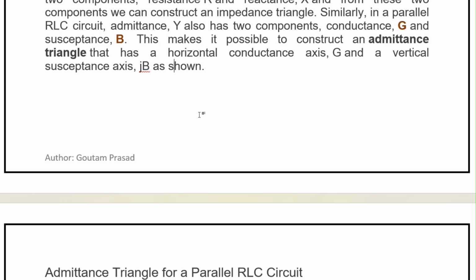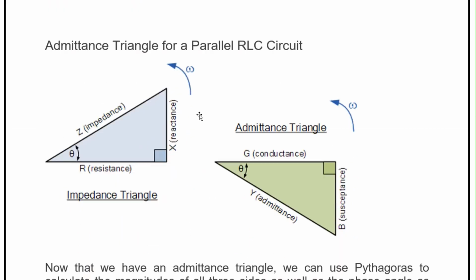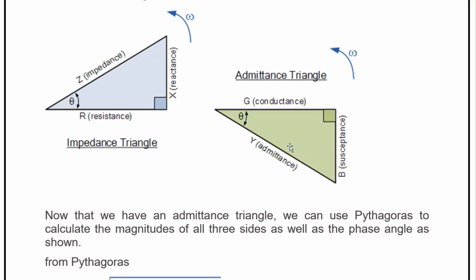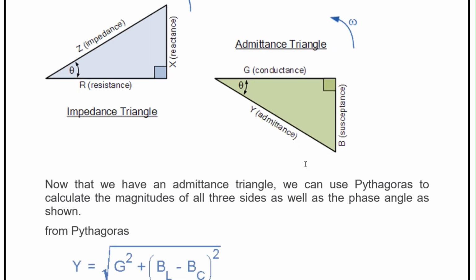The impedance triangle is on the left side and the admittance triangle is on the right side in the picture.